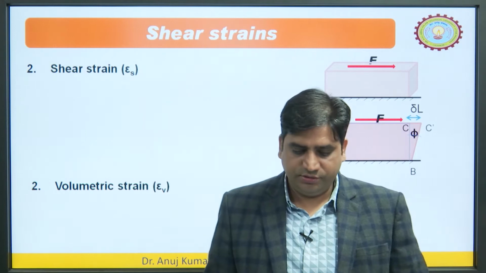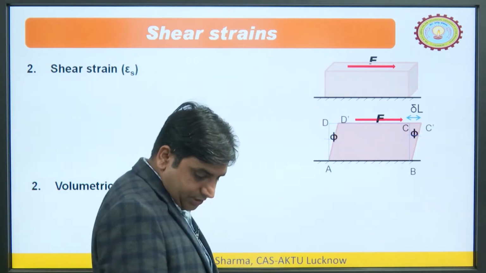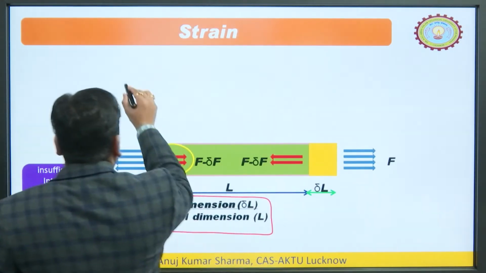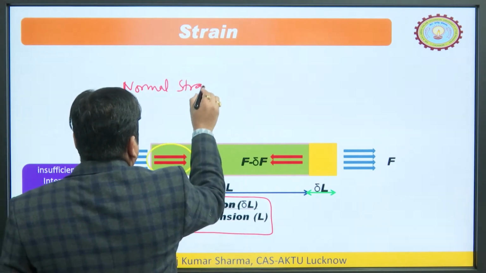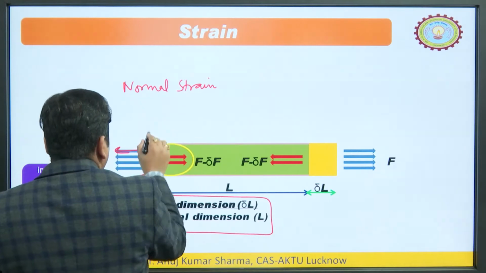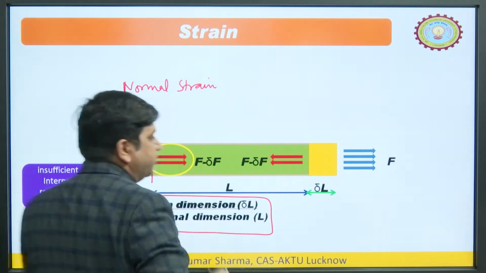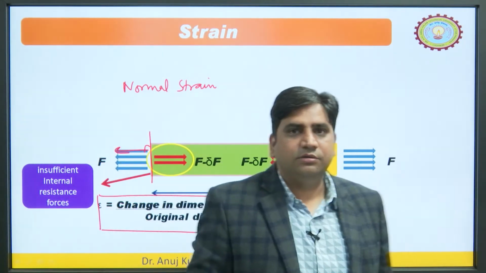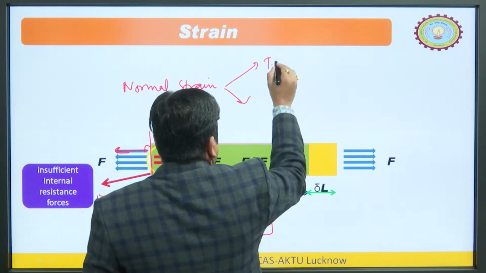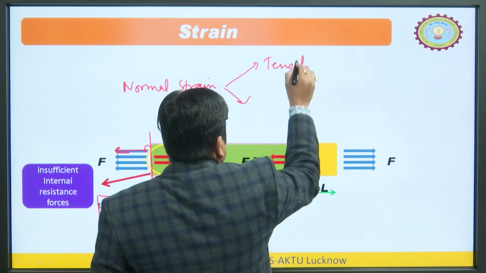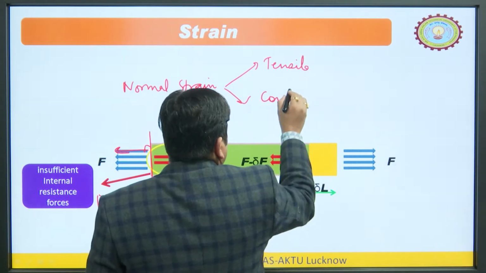So, this was the normal strain, means the force was acting perpendicular to this surface. That is why these kinds of strains are known as the normal strain, and normal strain may be of two types. One is tensile and another is compressive.